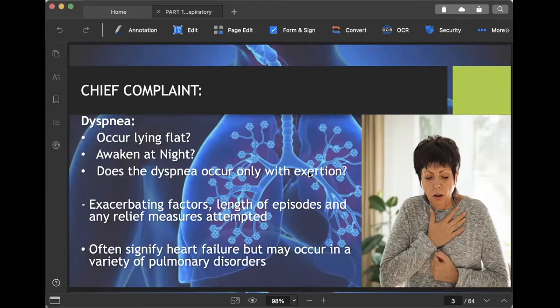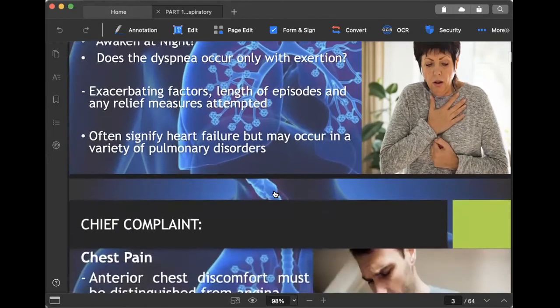There are also exacerbating factors, the length of episodes and any relief measures attempted, which often signify heart failure but may occur in a variety of pulmonary disorders.